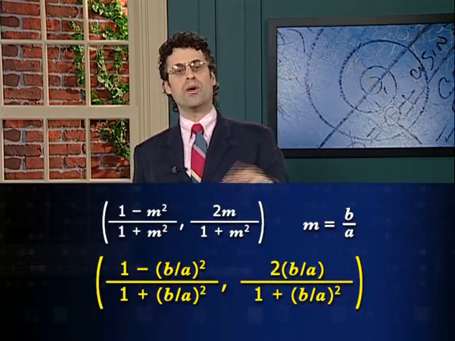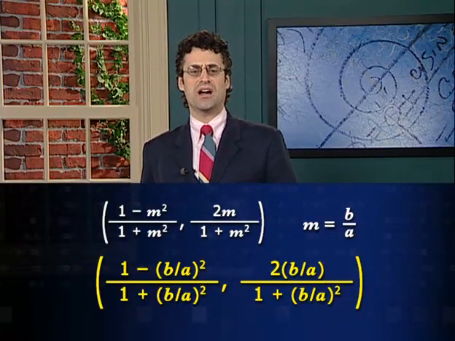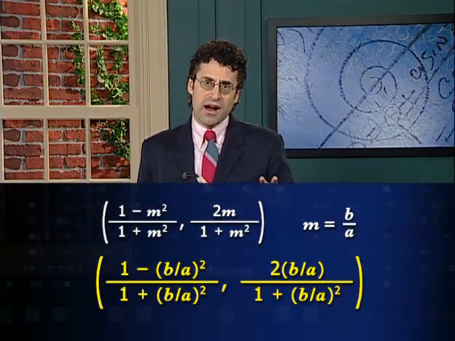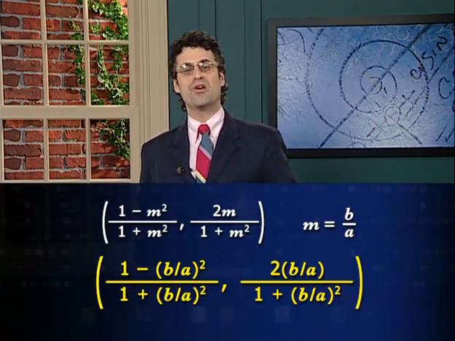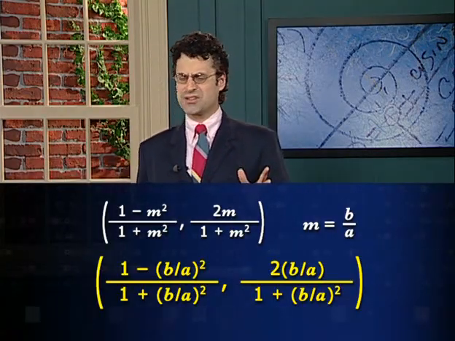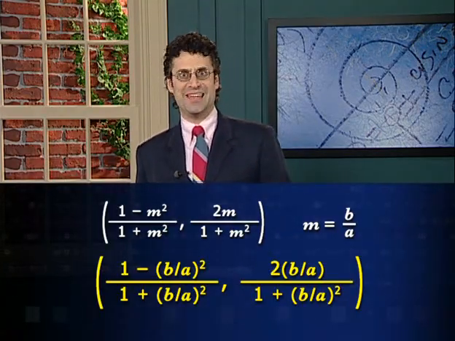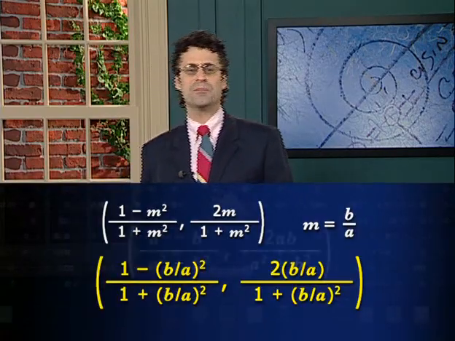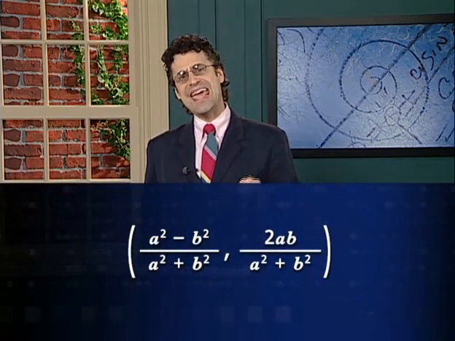That's the x value, and the y value will be 2 times b over a all divided by 1 plus b over a squared.